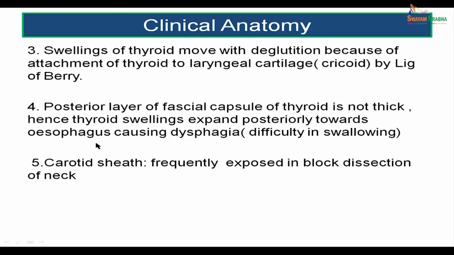Then next, the fascia which is covering the thyroid capsule posteriorly is not very thick, and because of that the thyroid swellings expand posteriorly and towards the esophagus. This causes difficulty in swallowing or dysphagia. The carotid sheath is frequently exposed in block dissection of the neck or surgery of the neck.